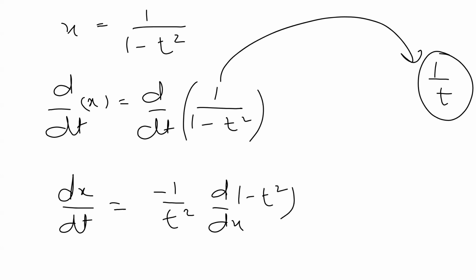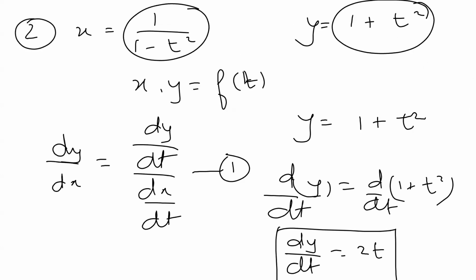So differentiation of 1 minus t square, that is equal to minus 1 by t square into minus 2t. So this is dx by dt. Now what you have to do is put the value of dy by dt and dx by dt in equation number 1 and further simplify. That I leave up to you.